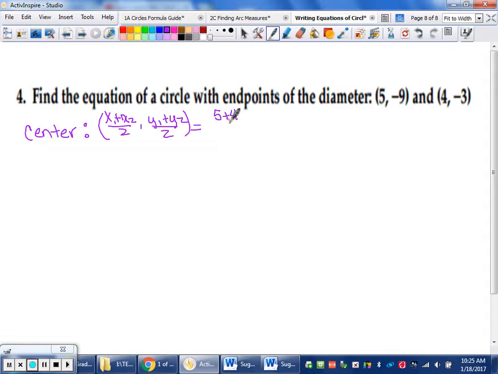5 plus 4 over 2. And then negative 9 plus negative 3 over 2. Okay. 5 plus 4 is 9. So 9 over 2 is 4.5. So let's leave it as a fraction, 9 over 2.